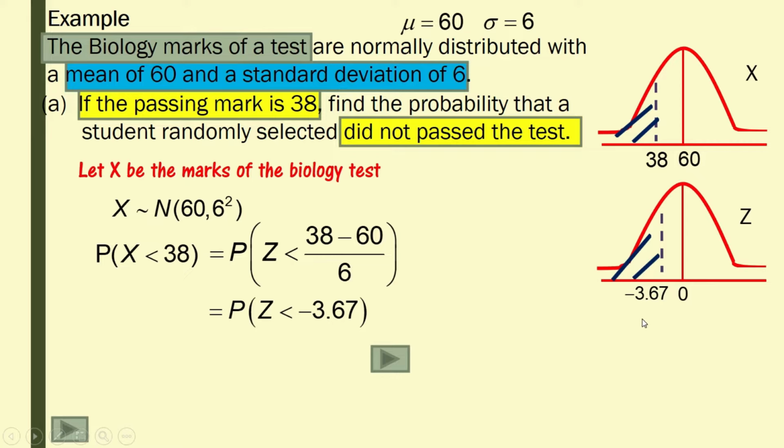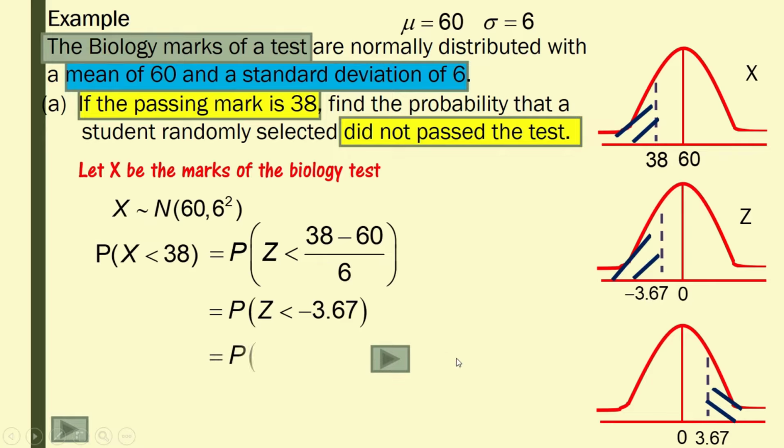We draw the Z distribution with mean 0, and 38 becomes -3.67. Because we use P(Z greater than or equal to z) to get the answer, we must change our graph to the right side, so -3.67 becomes 3.67, because the area P(Z < -3.67) is the same as the area P(Z > 3.67).